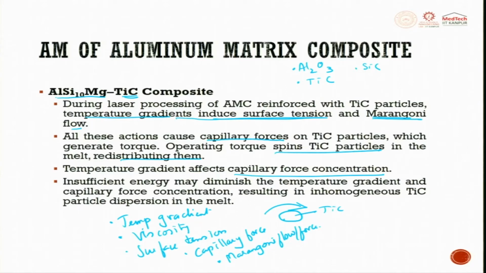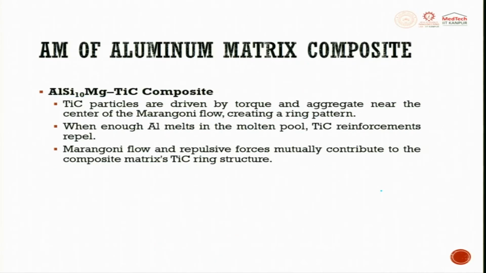Temperature gradient affects the capillary force concentration. Insufficient energy may diminish the temperature gradient and capillary force concentration, resulting in inhomogeneous TiC particle dispersion in the melt. Insufficient energy here means poor or lean laser power, so there is improper or inhomogeneous TiC particle dispersion in the melt.